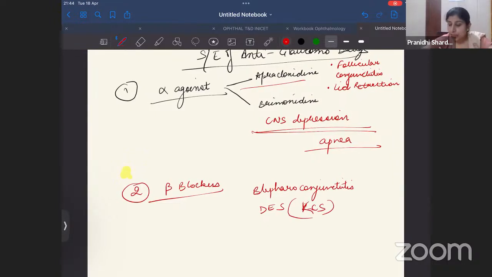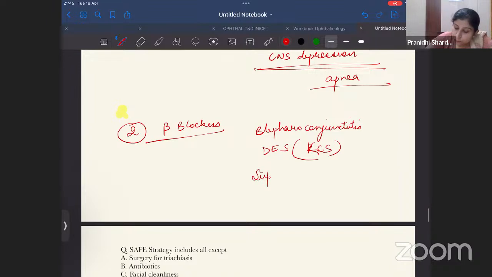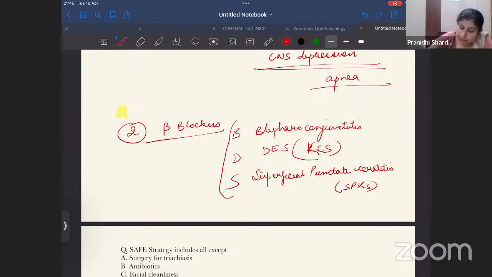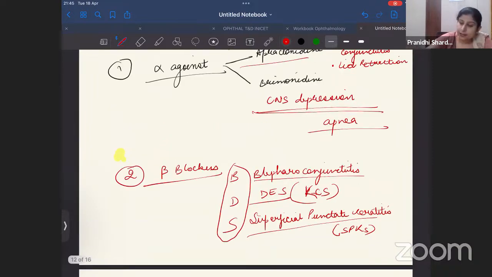Dry eyes. They also cause superficial punctate keratitis, that is SPKs. So we can learn this by BDS as the mnemonic: blepharoconjunctivitis, dry eye, superficial punctate keratitis.